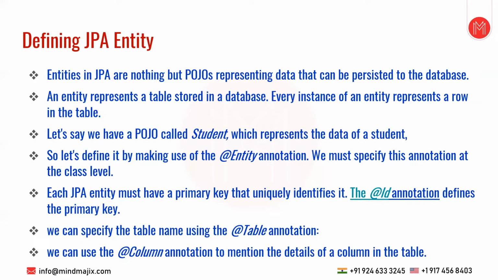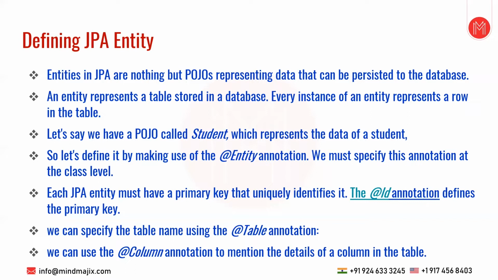After that, if you want to represent any primary key information, we use one simple annotation, that is the @Id annotation. Each JPA entity must have a primary key that uniquely identifies it, with the help of the @Id annotation. So that defines the primary key.